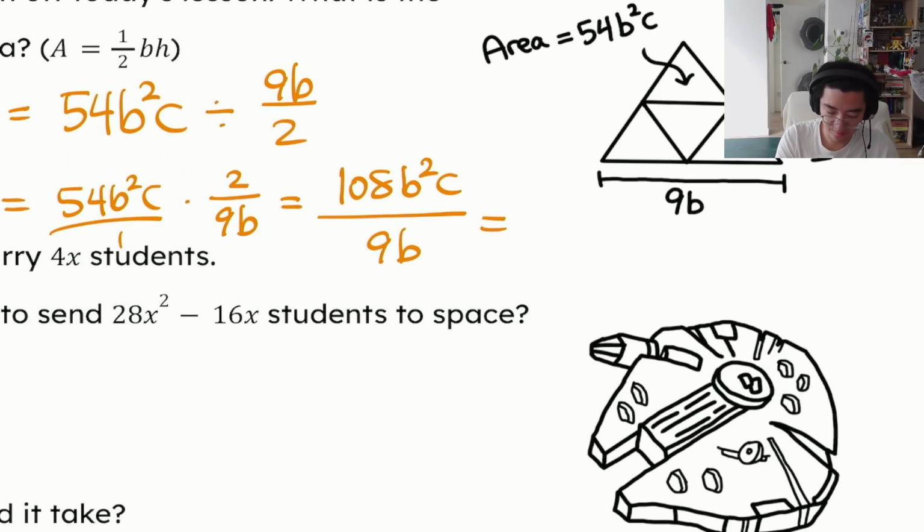And we do our divisions here. 108 divided by 9 is 12. Then we get b to the power of 2 minus 1, and then c by itself. So it's 12bc.